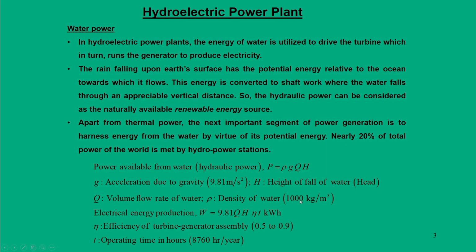Another positive side of water is that water has a density of 1000 kg per meter cube, and if a large slug of mass is available at a certain height, then electric production will be a huge number if the turbine is supposed to run throughout the year. So, this is the very basic theme of a hydroelectric power plant.